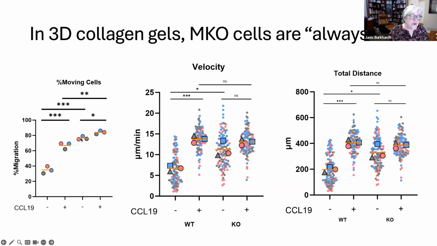The knockout cells are as good or better than the wild type cells, even when you don't give them any chemoattractant. And the same is true if you look at how fast they go and how far they go. These knockout cells, they don't need a stimulus, they just go. And they're very fast, even without a stimulus.